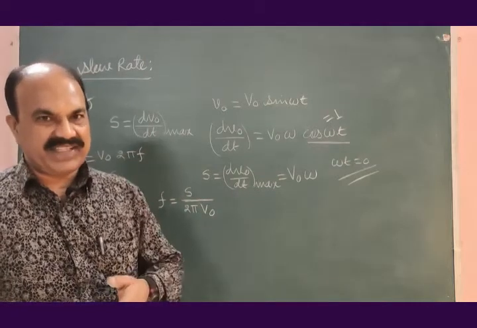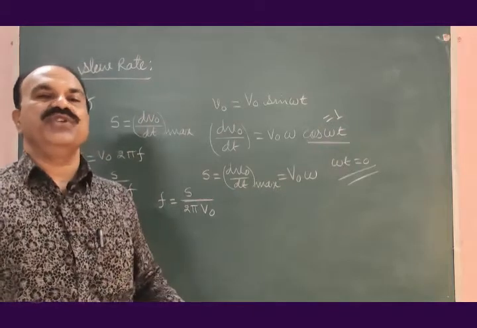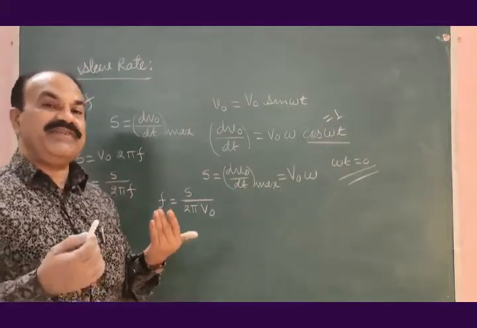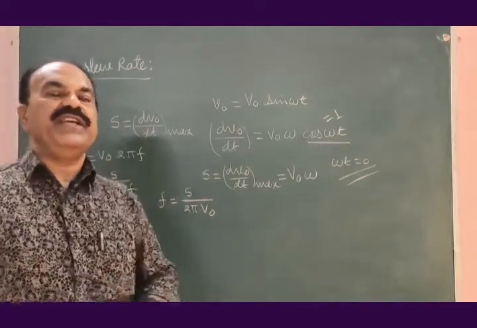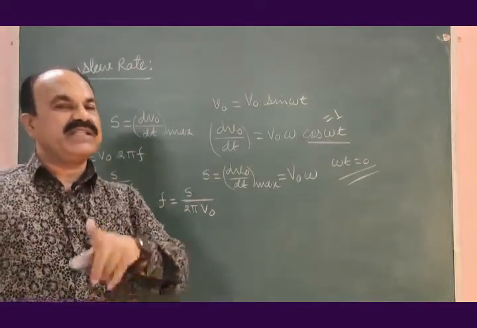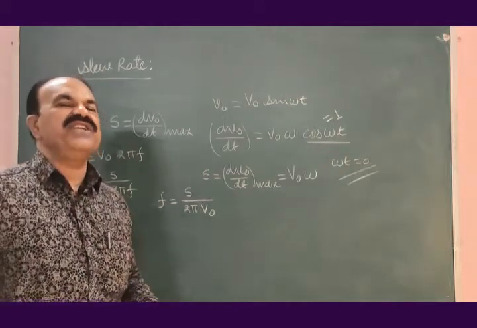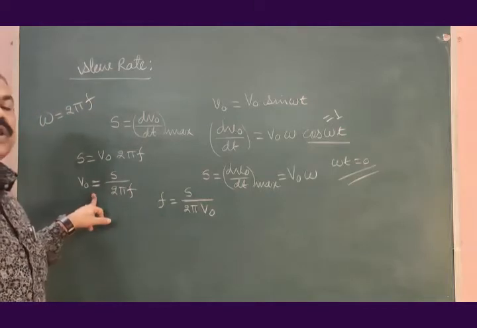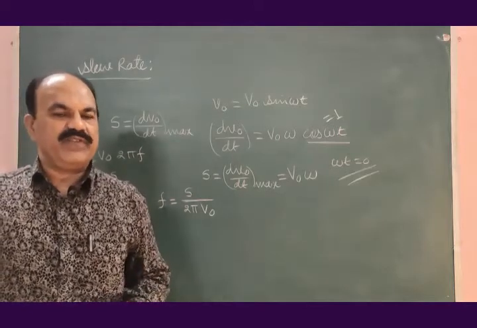The time of passage of input voltage to the output side is never zero. It may be very, very small, but it will be there, and therefore S will not be infinity. S may be large, but it is always finite, because of which there is a restriction on frequency of operation or the amplitude of the output voltage of the operational amplifier.